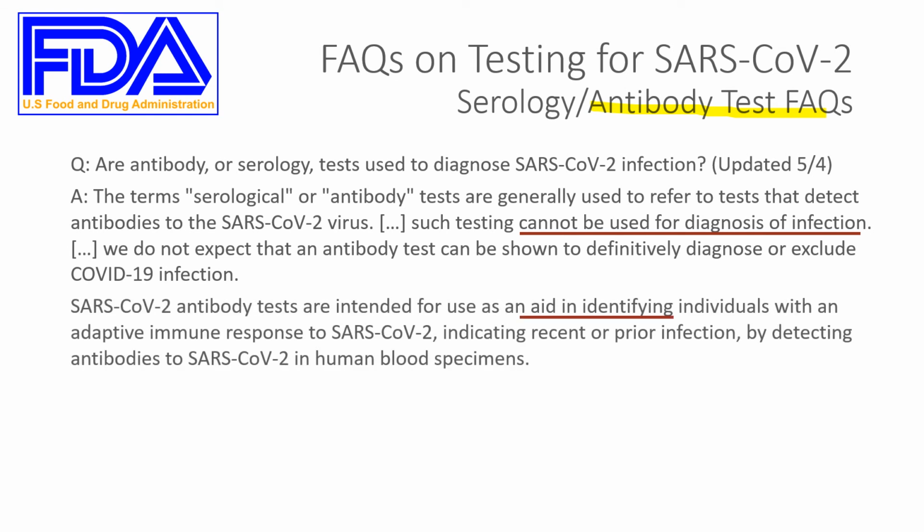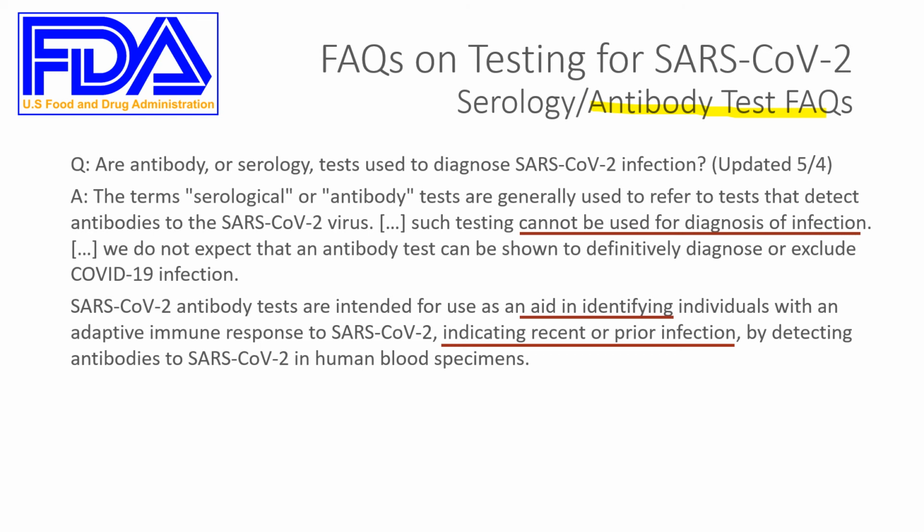They also make sure to say it could aid identifying individuals that have an immune response, which means they had either recent or prior infection. We do not know how long these antibodies are going to remain in the blood. So we do not know for how long these individuals will have the antibodies.